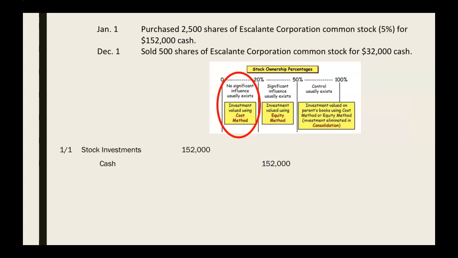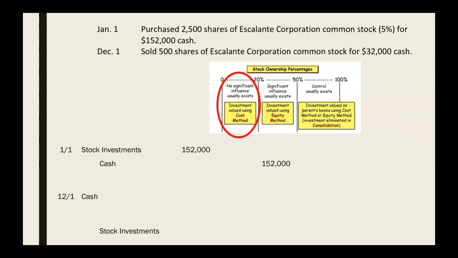Now, on December 1st, you sold 500 shares of Escalante Corporation common stock for $32,000 in cash. So we got cash, right? Our cash has to be debited, has to increase here, because we just sold these shares and got money in return. And we're selling some stock investments.